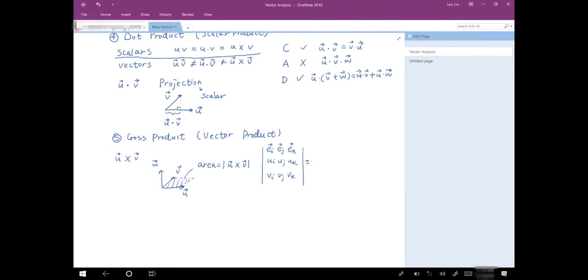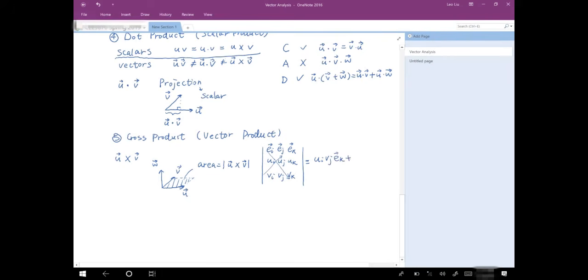EI multiplied to... Depending on the direction, right? So if we go, for example, this direction, it's going to be positive, right? If we go the other direction, it's going to be negative, right? So let's do it this way. First, start from here: UI, VJ, it's going to be EK, right? And because we go along this direction, it's going to be positive.